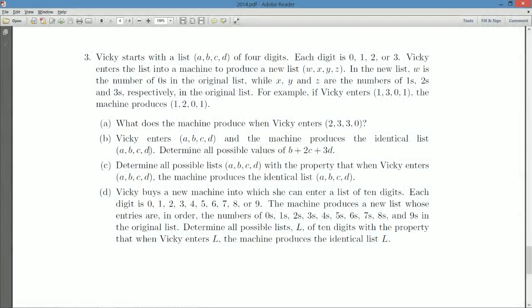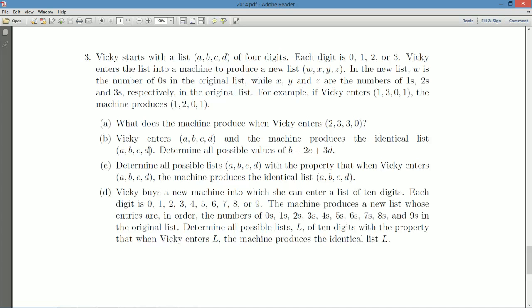So for any string that describes itself, if you put in A, B, C, D and you get A, B, C, D out, the only possible value of B plus 2C plus 3D is going to have to be 4. That's nice. You had to see that fact about the second list, or you would have been stuck manipulating algebra without any real gains.